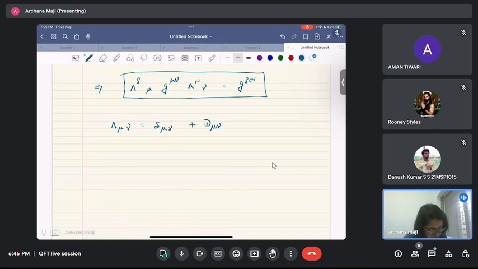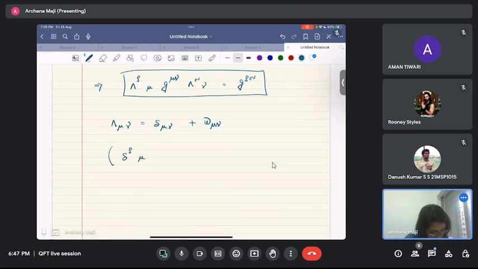If we replace this here, delta rho mu plus omega rho mu, g mu nu, times delta sigma nu plus omega sigma nu, is equal to g rho sigma.